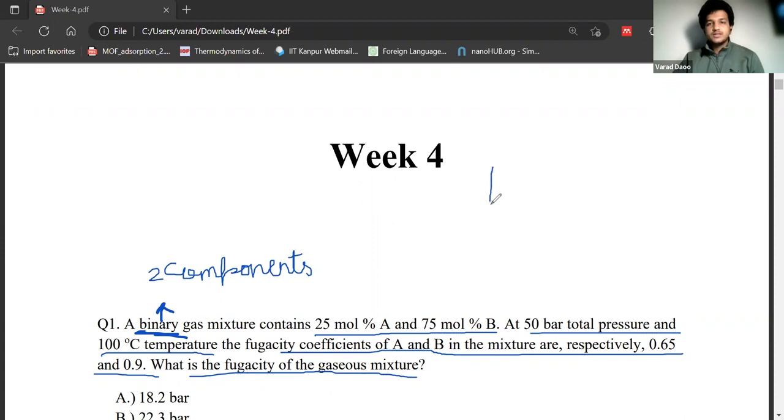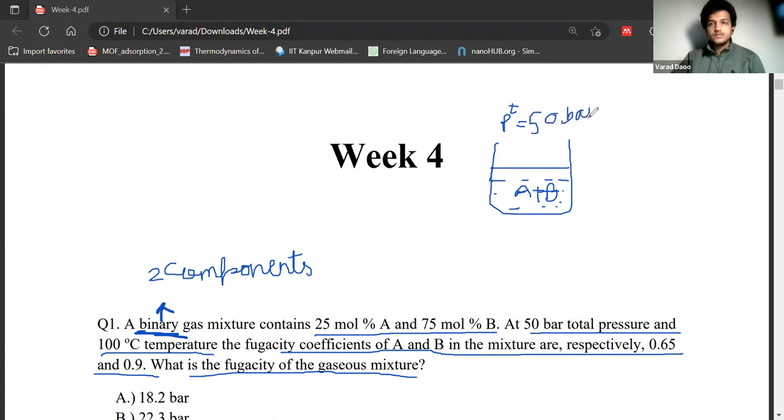What we basically have is a container. This container is filled with a binary mixture of A and B, at a total pressure of 50 bar.